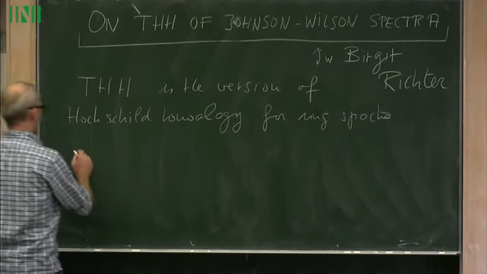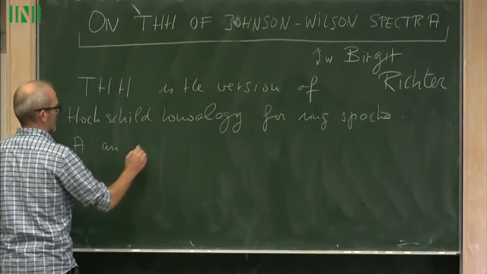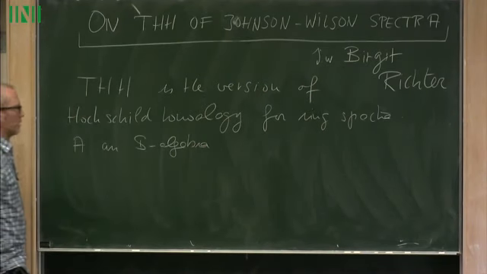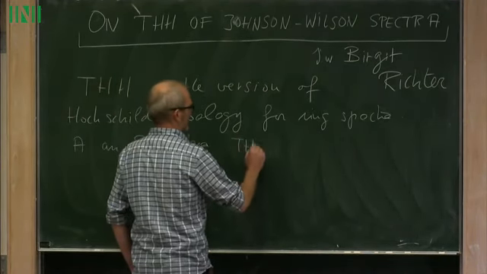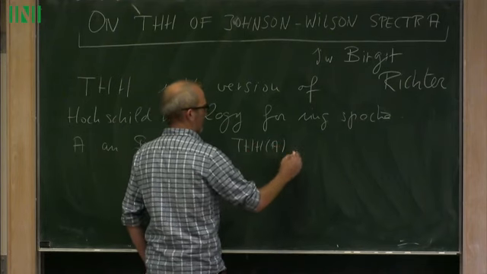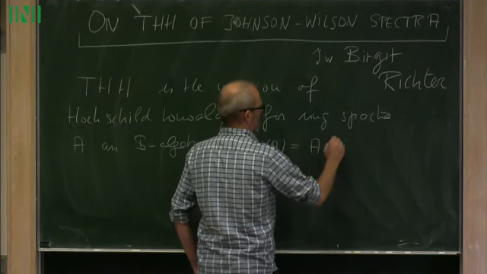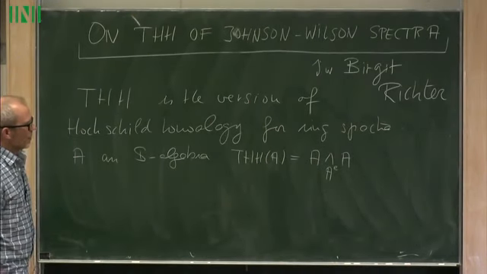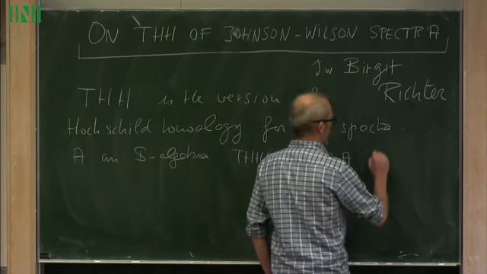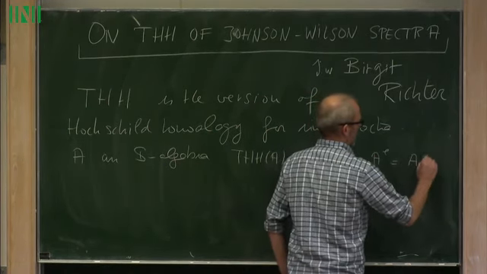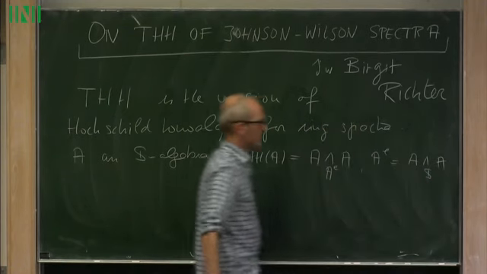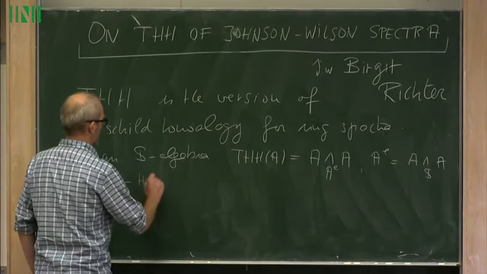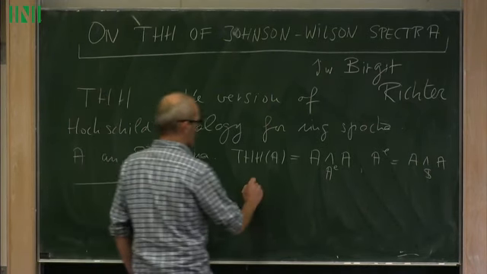So we assume we have an S-algebra A, and then we define THH as the derived smash product of A with itself as an A-bimodule, which is given by this. And if we were starting with an HZ-algebra, then we would have ordinary Hochschild homology.